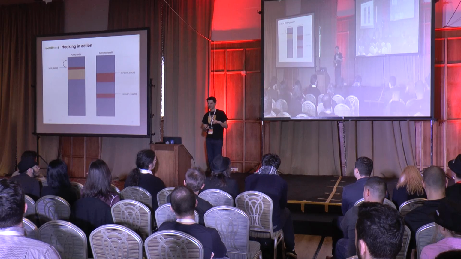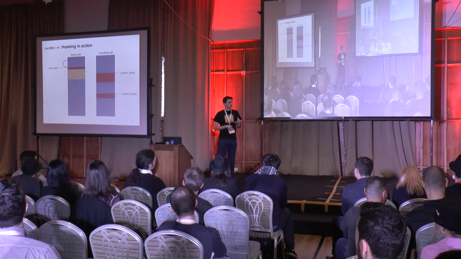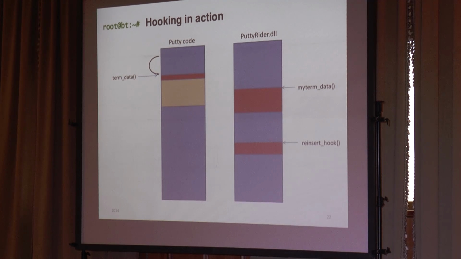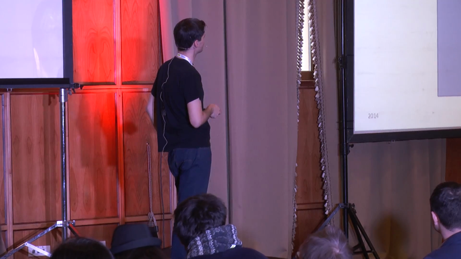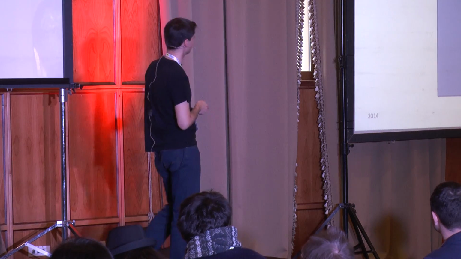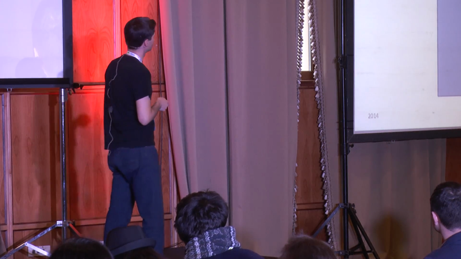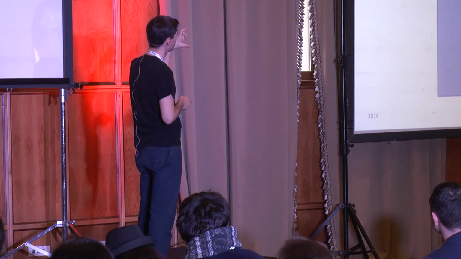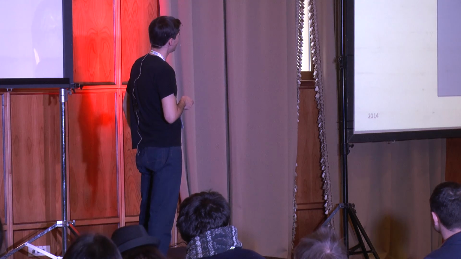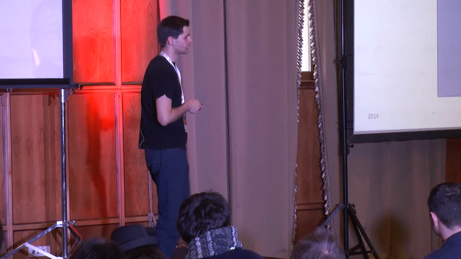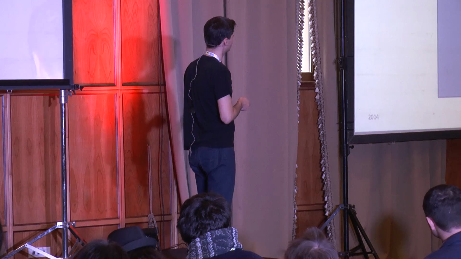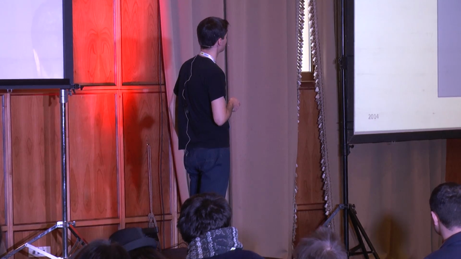And here is how it happens. In the first column is a piece of memory of Putty.exe, and in the second column is the DLL loaded into the same address space of Putty.exe. This is a piece of the legitimate function terminal data, and in red is the attacker's code, I mean my code injected into that process.